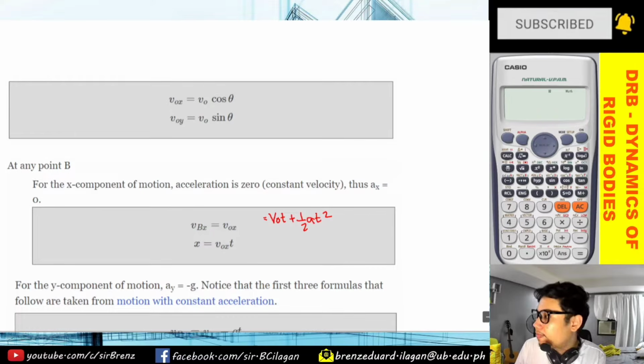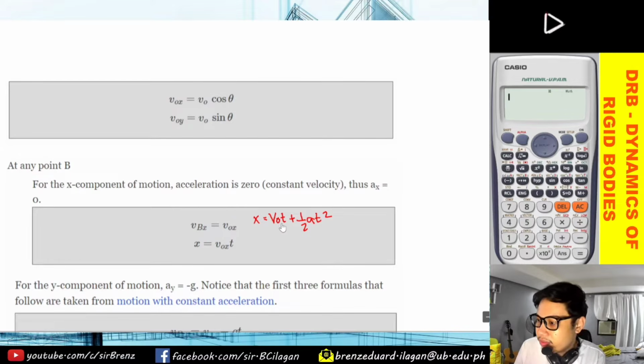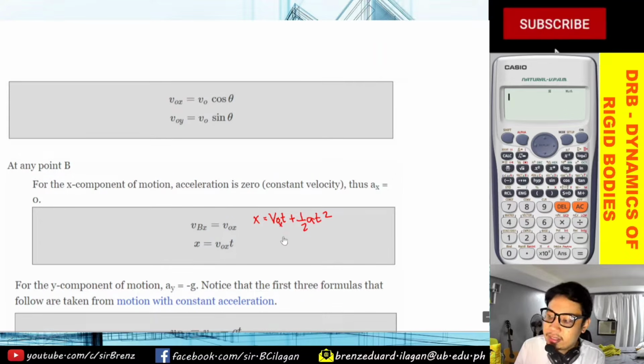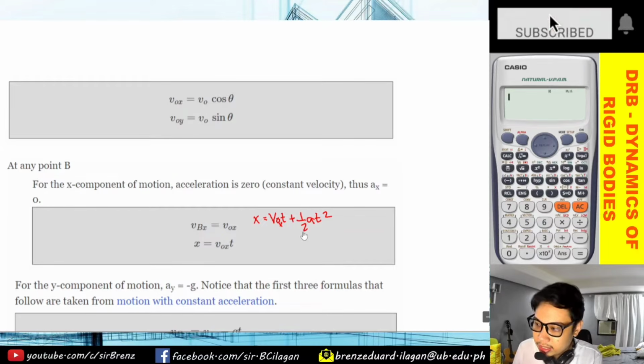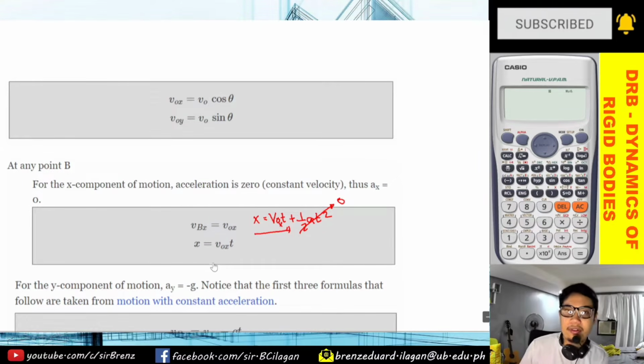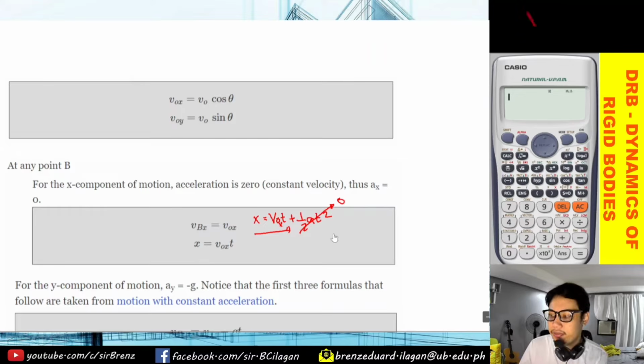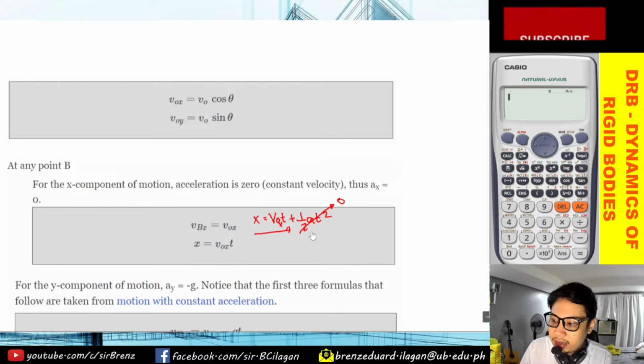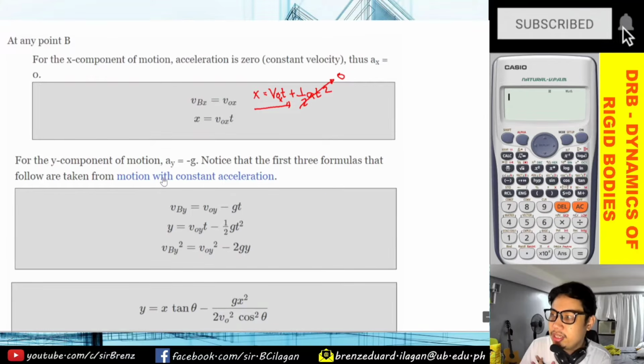Ayan. Anong kulay ito? Pula. Okay? And yung v sub o mo, this will be represented as v sub ox, o yung x component ng velocity. And knowing na acceleration is equals to 0, ayan lang yan. So dyan nakuha yung formula for the distance x. Ganyan lang kasimple, and it was derived using direct linear translation, assuming that the acceleration is 0 since constant velocity.